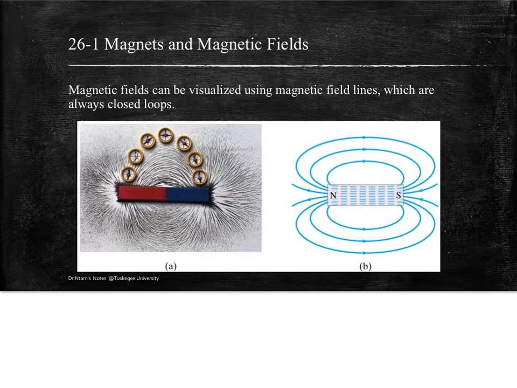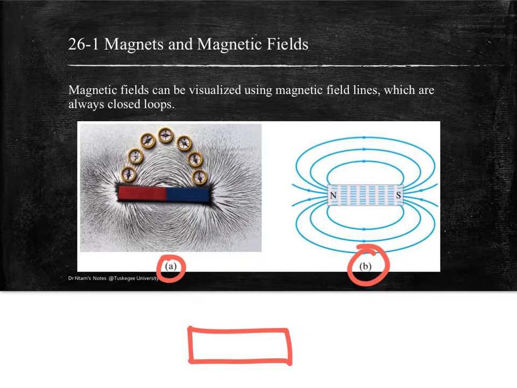If you sprinkled iron filings around a bar magnet, you would obtain the pattern shown in figure A. And if you place a compass at different points, the orientation of the compass needle will give you the pattern given in figure B. So basically, magnetic field lines originate from the north and terminate in the south.